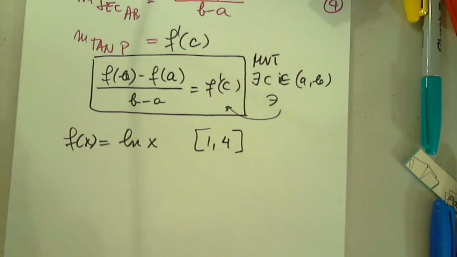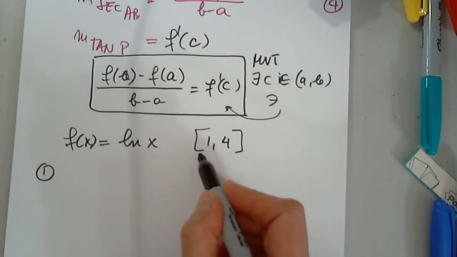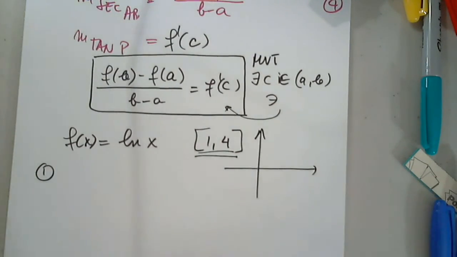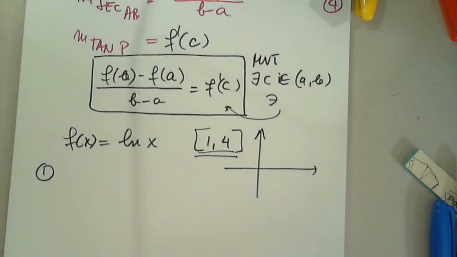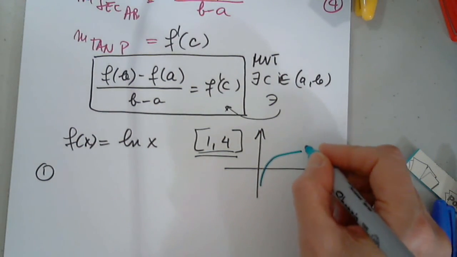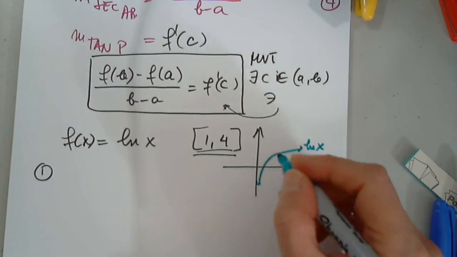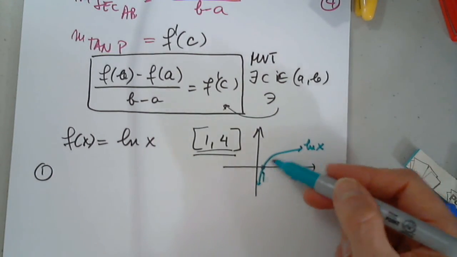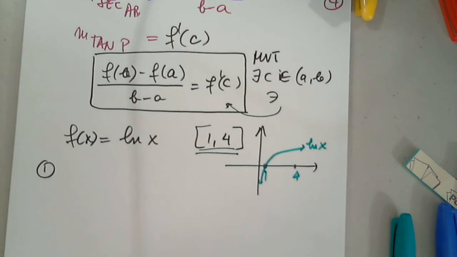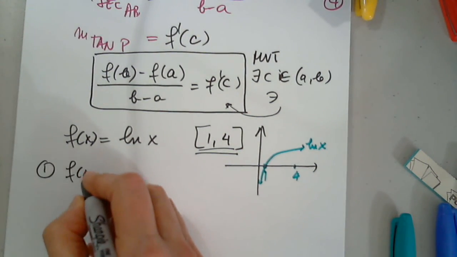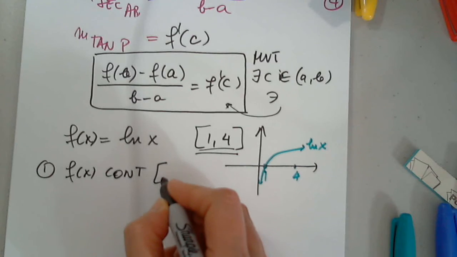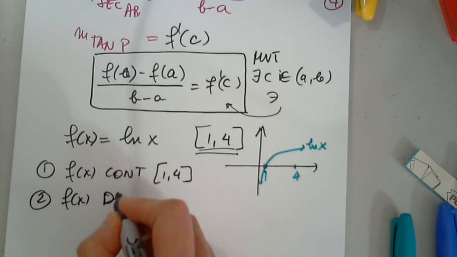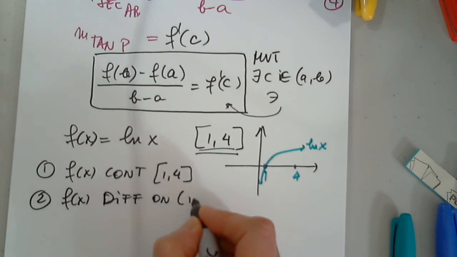In number 1, on this interval, it's guaranteed. Remember, we talked about this function many times before. Here's its graph, natural log x, and this is 1 and this is 4. So obviously the function is continuous and differentiable on [1, 4]. Number 1, f of x is continuous on [1, 4]. Number 2, f of x is differentiable on (1, 4).